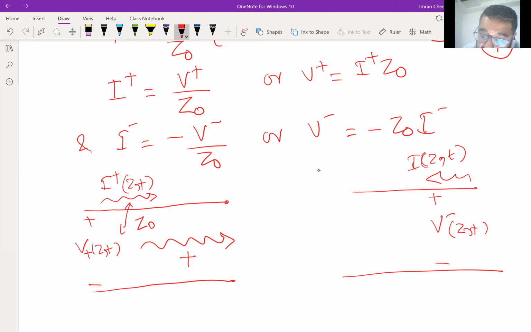The current is negative, so that's going in the opposite direction of what the other current is. And they are basically carrying the information or power towards the negative side. So you cannot have both voltage and current as negative, otherwise the information would flow in the same direction.